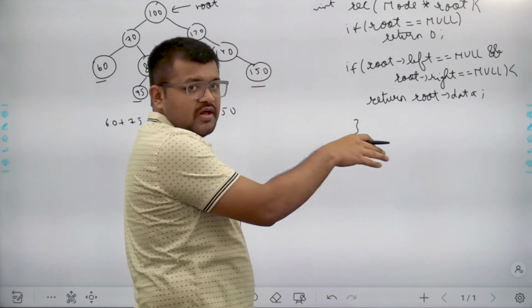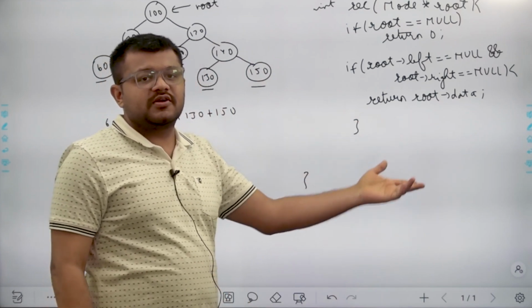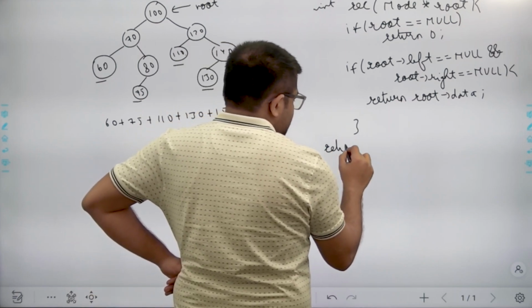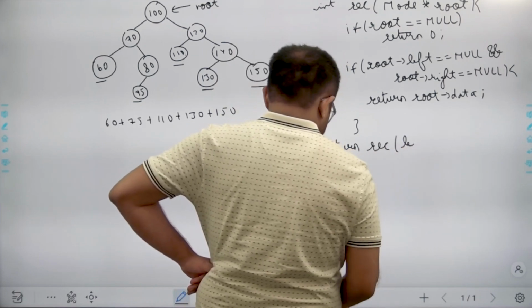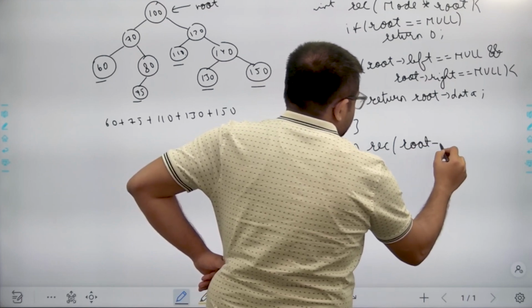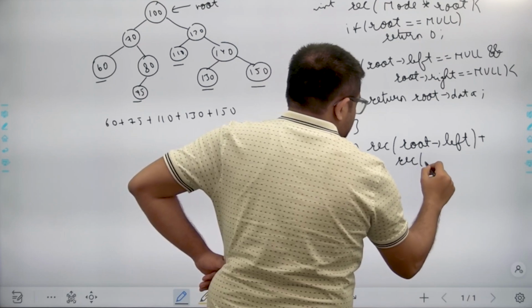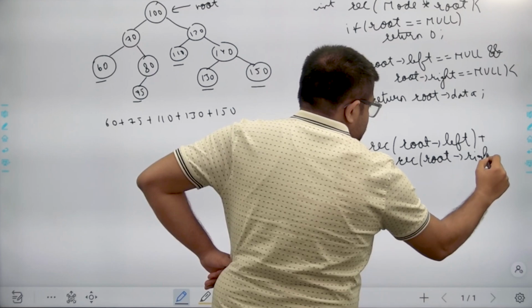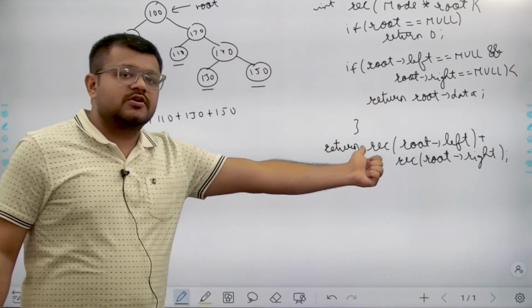And if it is not a leaf node, then I will call its left children and right children and return their sum. So I would say return recursion on root left plus recursion on root right. Okay. So it will traverse the left subtree and right subtree, and again from there it will return the sum of the leaf nodes.